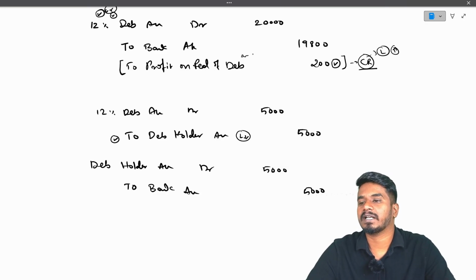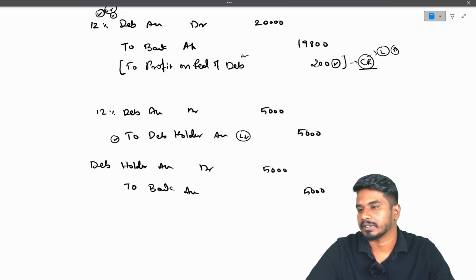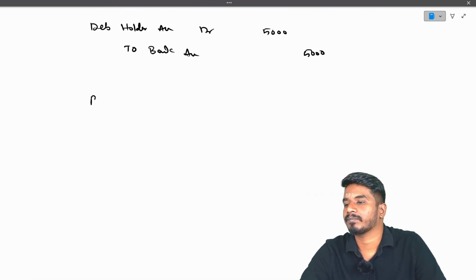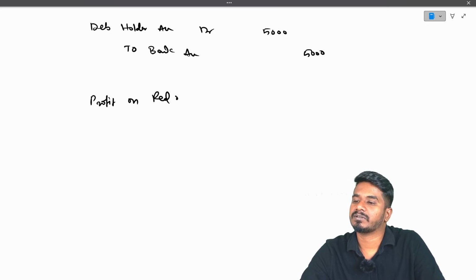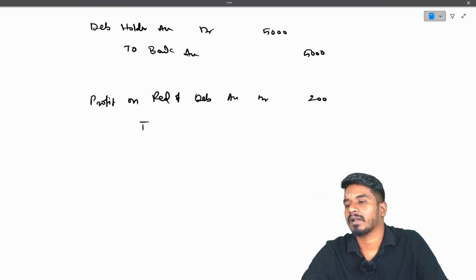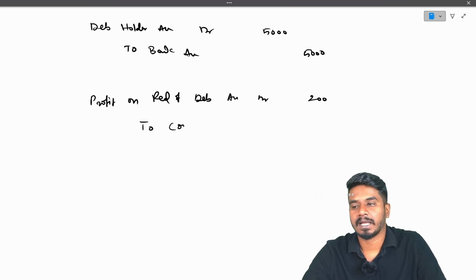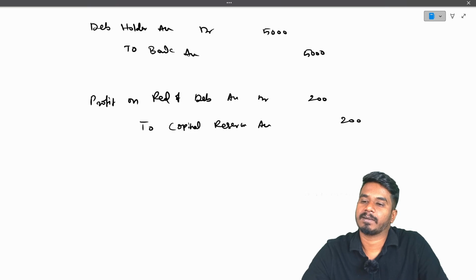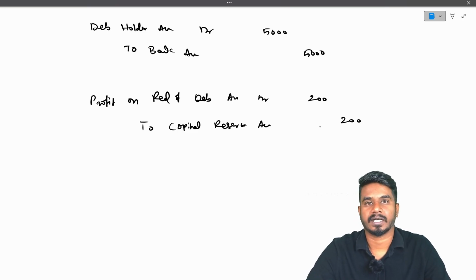The profit on redemption of debentures account will get debited for 200 rupees, because we need to reverse it, and we credit the capital reserve account, since liability will increase.